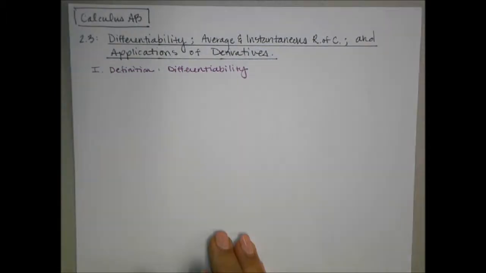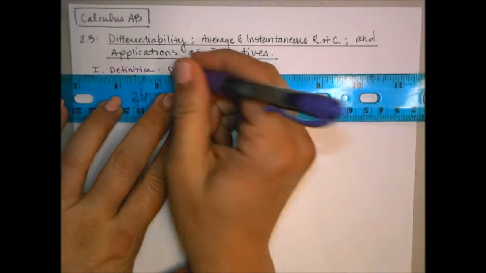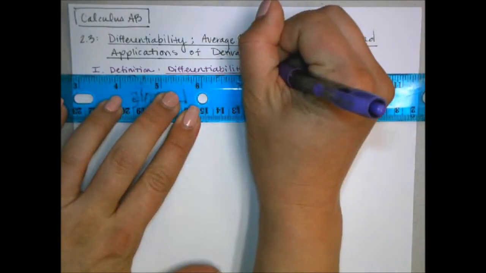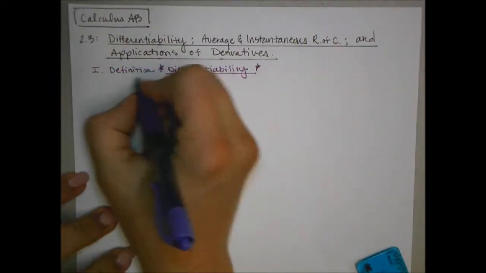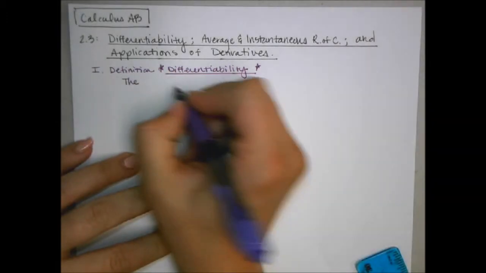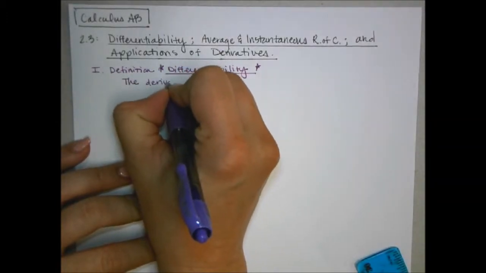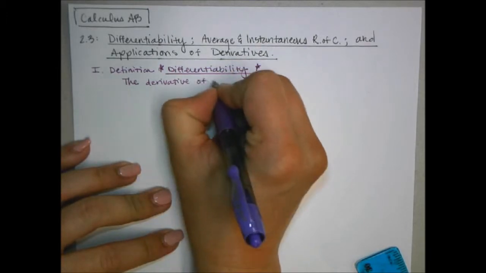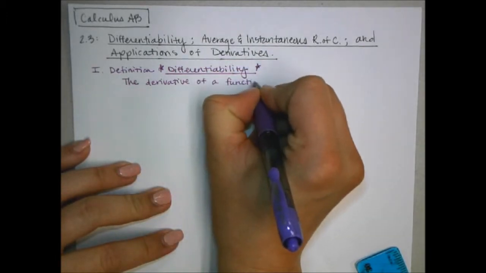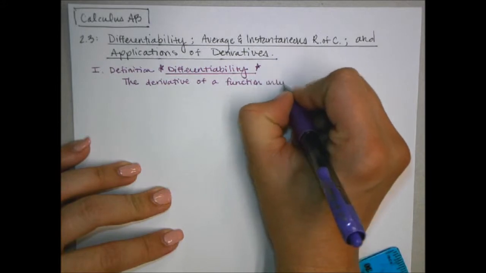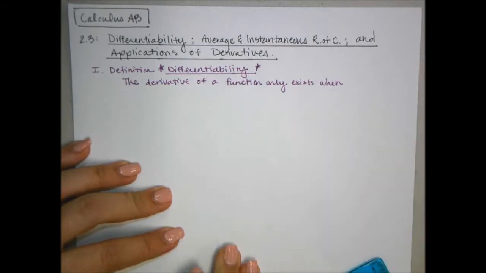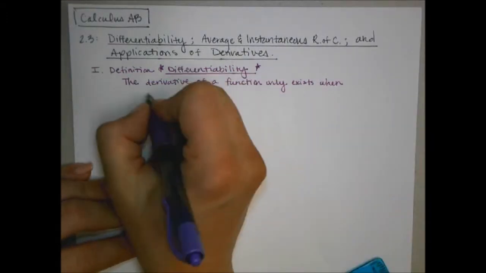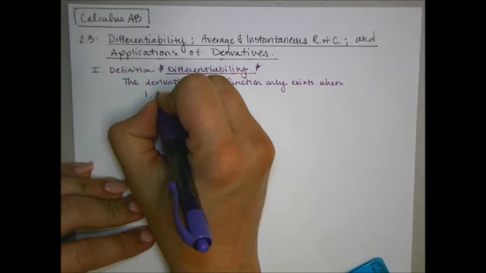So how to tell if a function is differentiable. The derivative of a function only exists when 2 things occur. And the first thing is that the function is continuous.